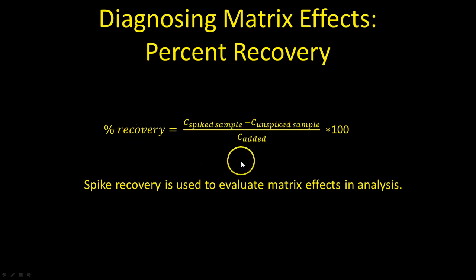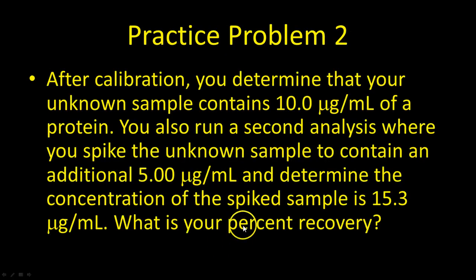What this is telling you is what percent of the stuff that you added is measured in your process. So this can tell you about matrix effects, because if you know how much you added and your measurement is less or more than that, that tells you how the matrix is influencing your measurement. So we're just going to go through a quick example here.